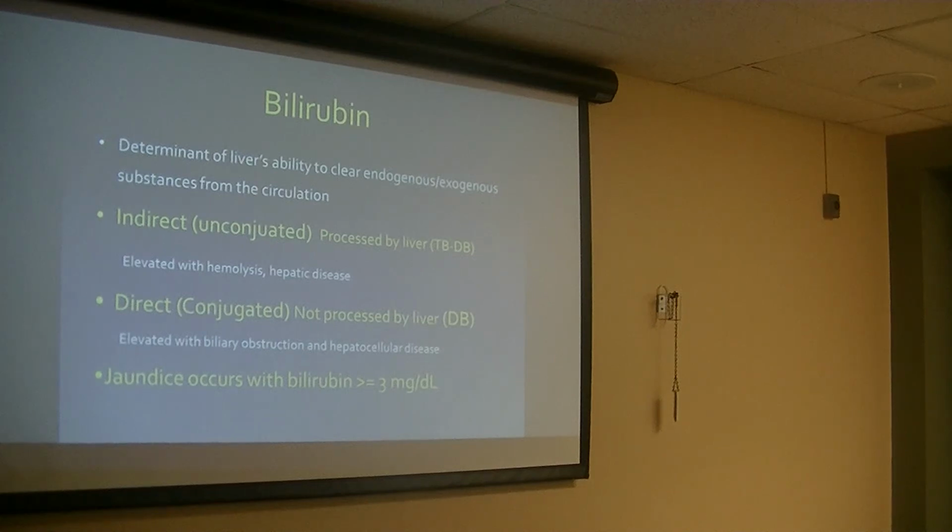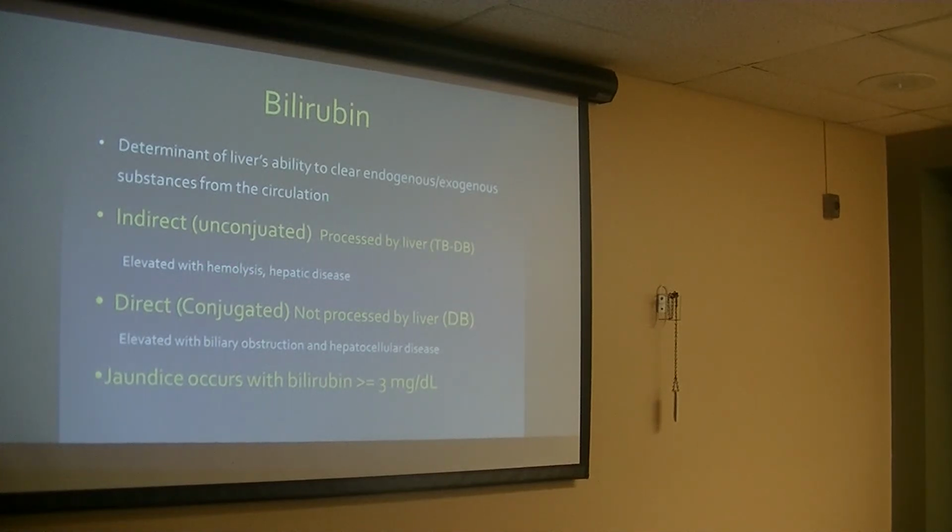So now, bilirubin, one of the key parameters for metabolic function. You can look at it as a determinant of the liver's ability to clear endogenous and exogenous substances from the circulation. We measure two kinds: indirect or unconjugated bilirubin, which has been processed by the liver. I think I got that backwards. Not processed by the liver, elevated with hemolysis.